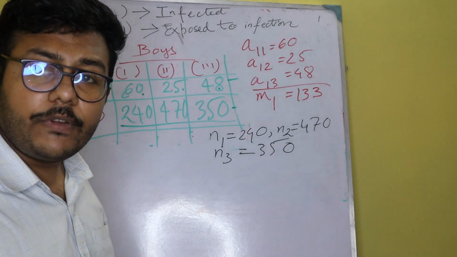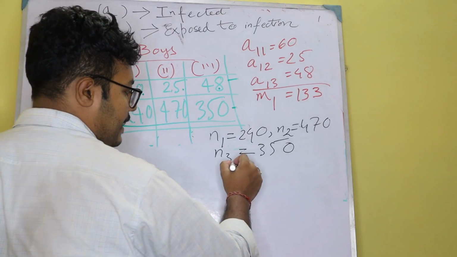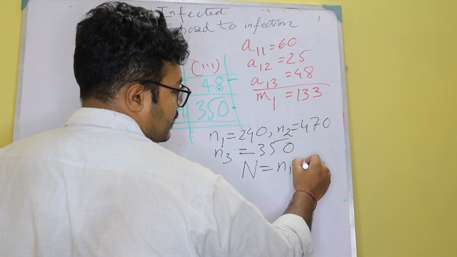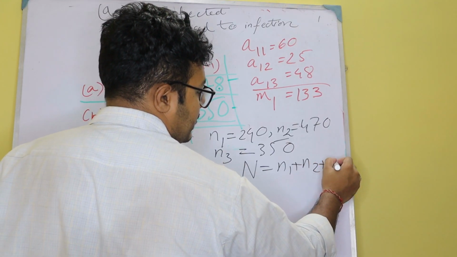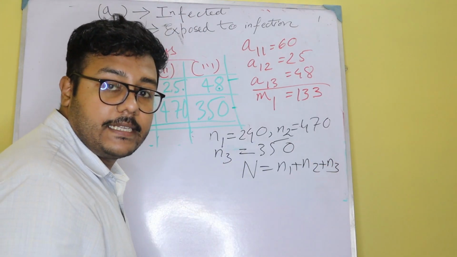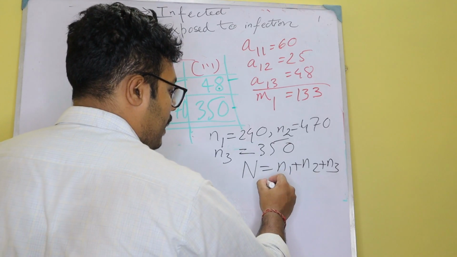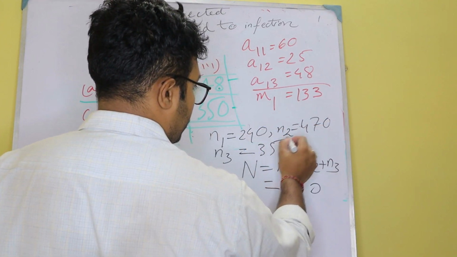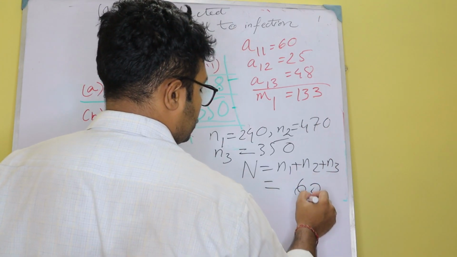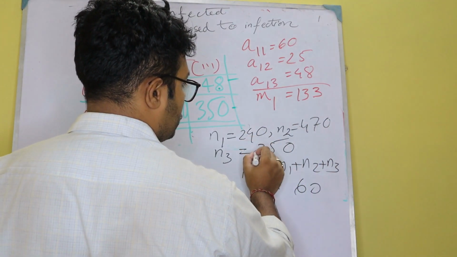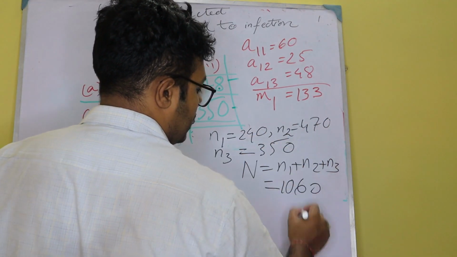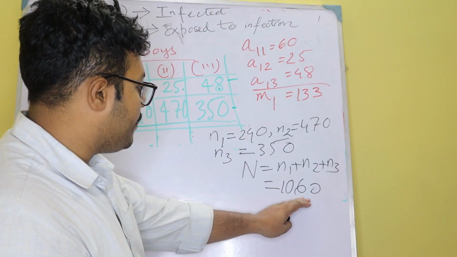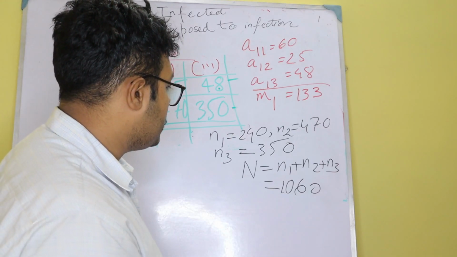Right? Now we have to calculate capital N. What is capital N? Capital N is equal to N1 plus N2 plus N3. Summing them up, the value of capital N is 1060.